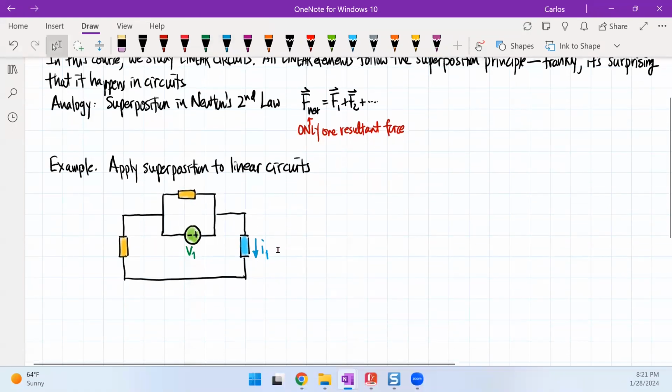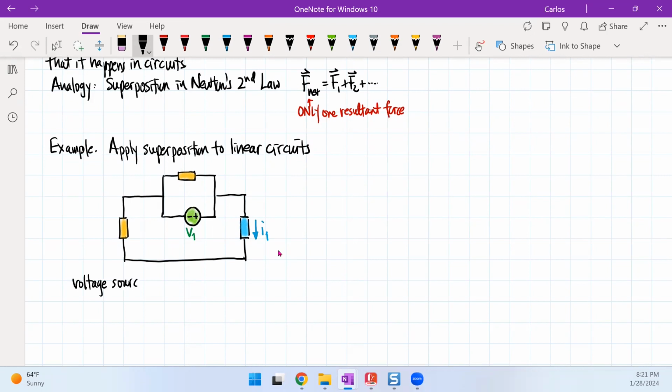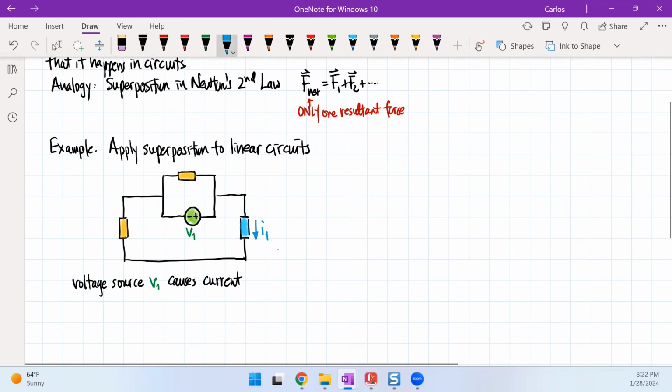So we could then say that the voltage source V1 causes current I1. In other words, I1 and V1 are proportional to each other.